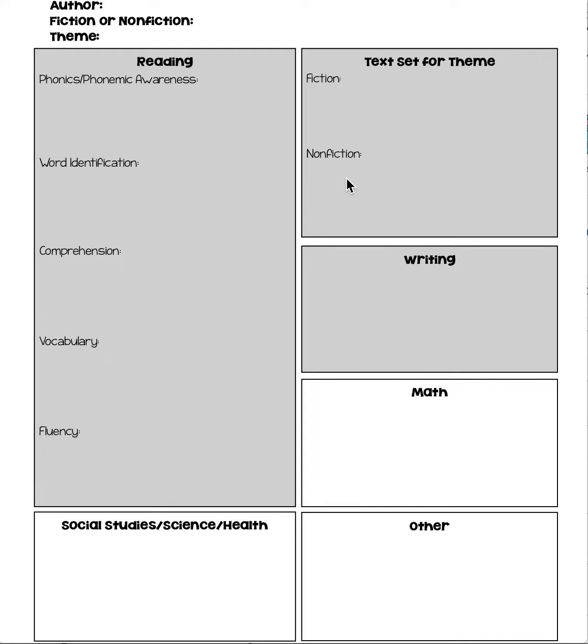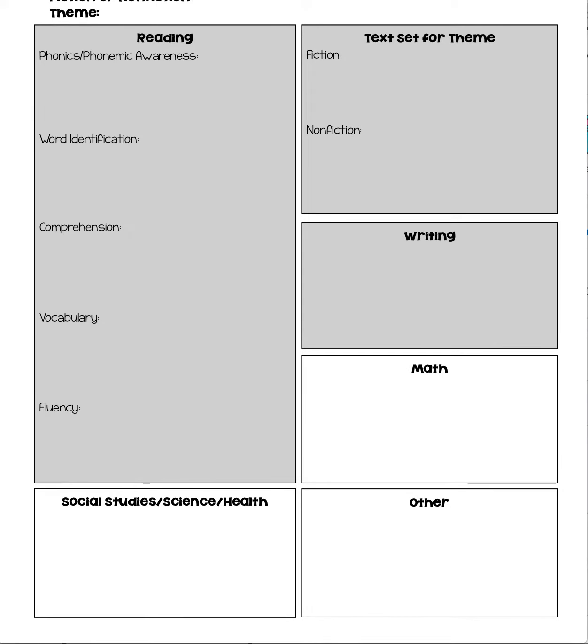So for example, if the theme of the week is snow, you would find fiction books about snow, and then you find nonfiction books related to snow and winter. So you're going to be developing your own text sets. I would shoot for at least 3 books in each area, 3 fiction, 3 nonfiction. If you find more, great. But again, I'm not going to give you those because I want you to learn how to explore and find your own related text.